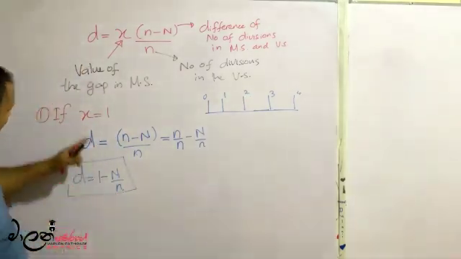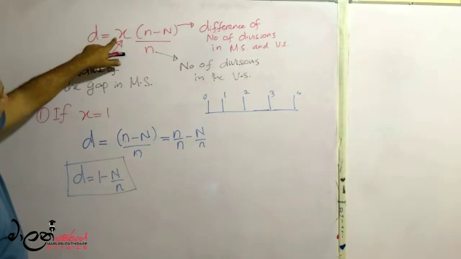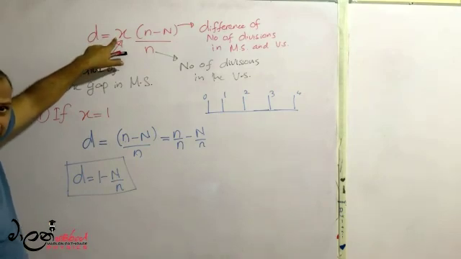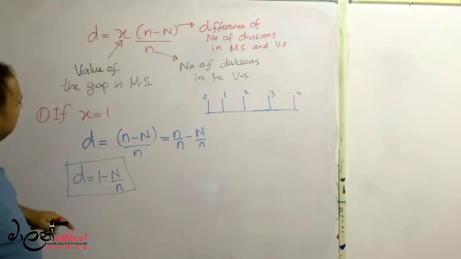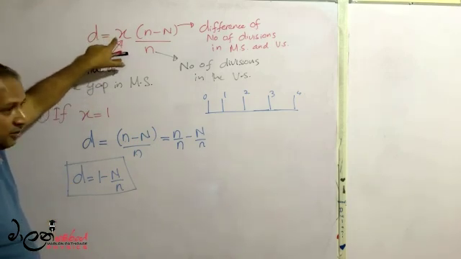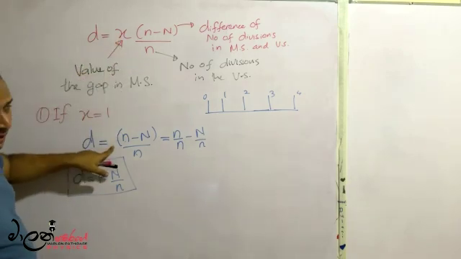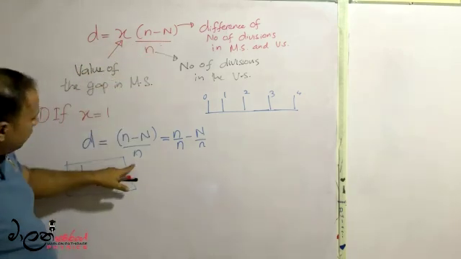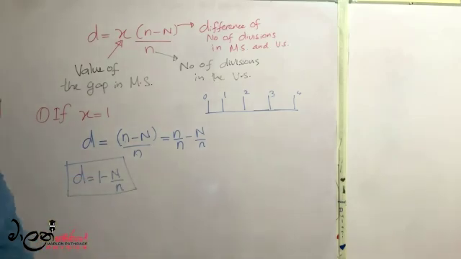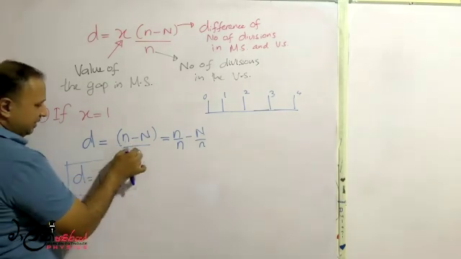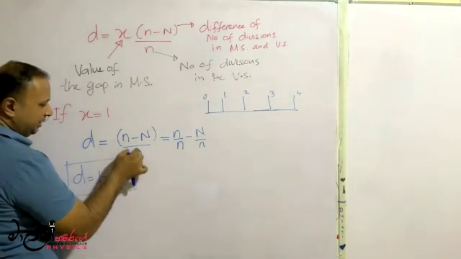If x is equal to 1, then I can assign that value into this equation. If I assign this value into this equation, then d is equal to (x is equal to 1) n minus capital N over simple n.